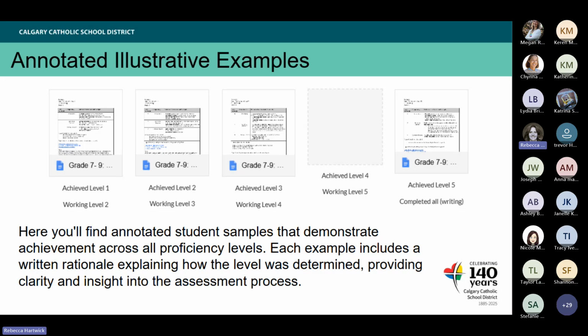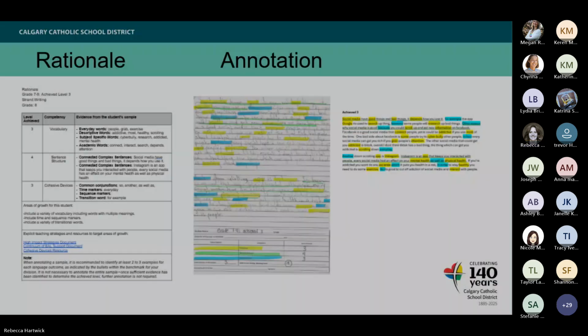Each example includes a written rationale explaining how the level was determined, providing clarity and insight into the assessment process. So you can see here, if you're wondering what achieving a level 1 looks like, you could click on that level 1 example and you'll be able to see how this student had achieved the level 1.